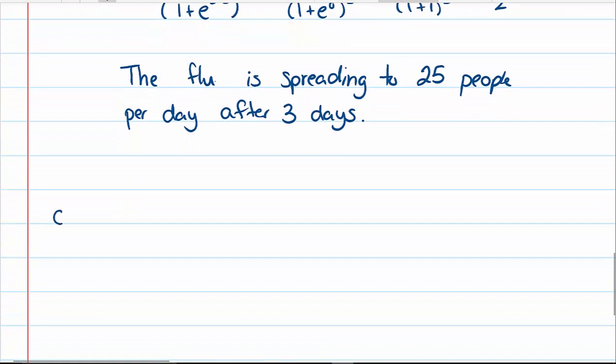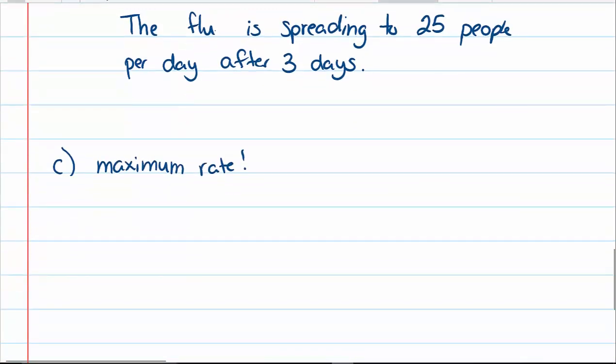And now for part C, this one we want the maximum rate. So I want to know, when is this thing moving the fastest? So just like before, when we want to find a maximum height, we would set the derivative equal to 0. We want to find the maximum of the rate.